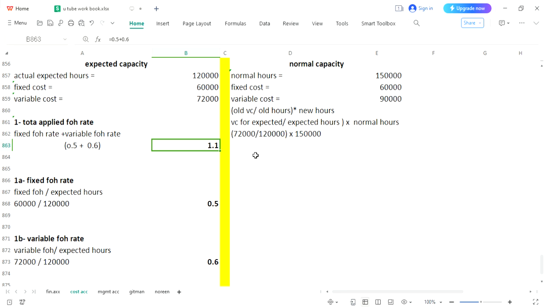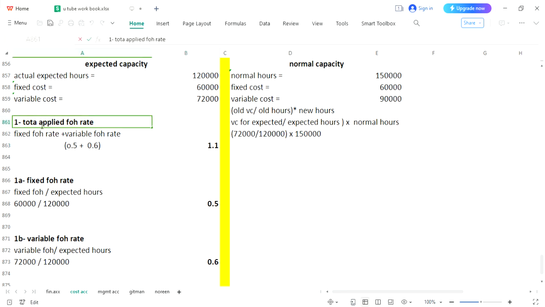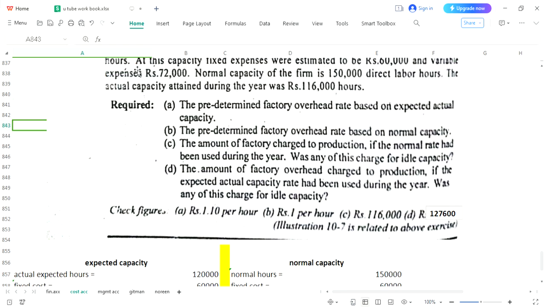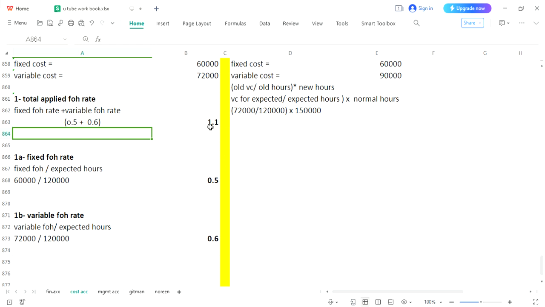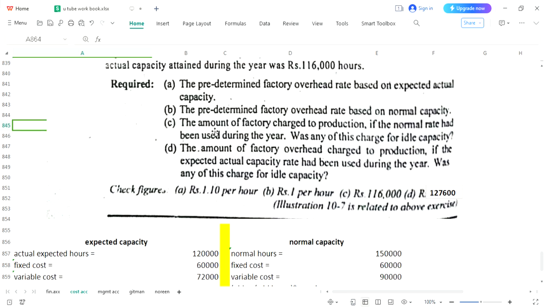First requirement, or A requirement, is completed, and A's answer is 1.1 and our answer is also 1.1. Now let's see what the second requirement is: predetermined factory overhead rate based on normal capacity.